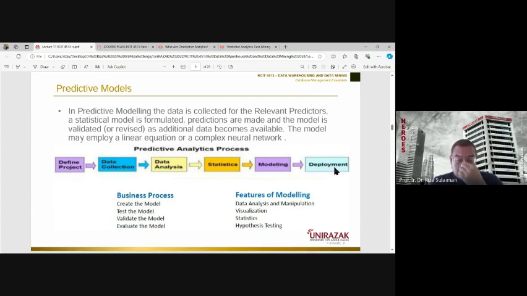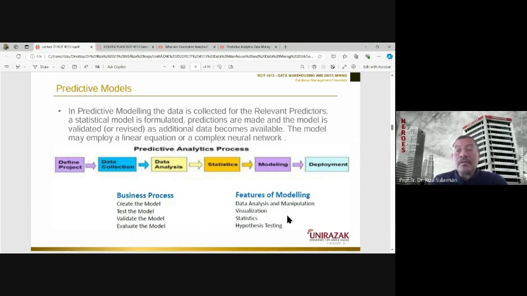So we can say that for a business process, usually we create the model, we test the model, and then we validate and evaluate the model. But features of modeling, data analysis and manipulation, you can do the modeling in visualization, of course using statistics and also hypothesis testing. Right, so this is the modeling part.